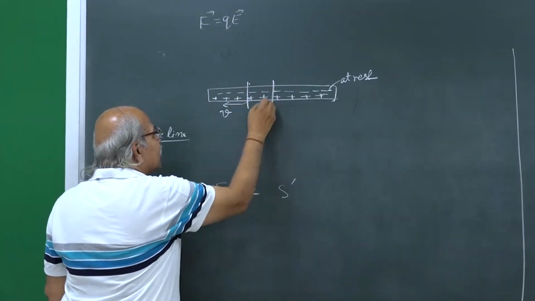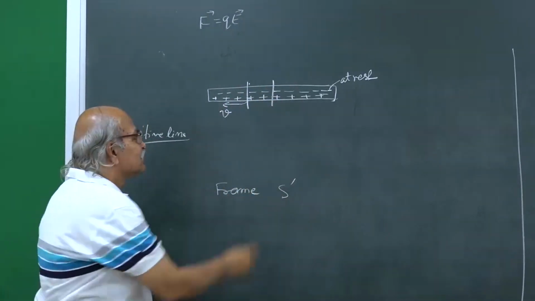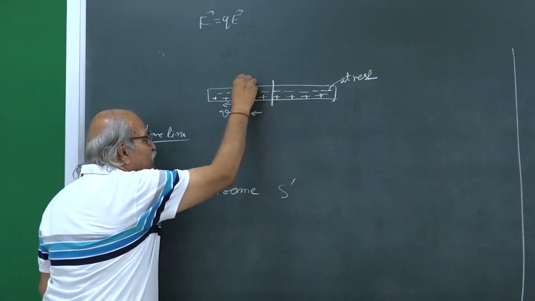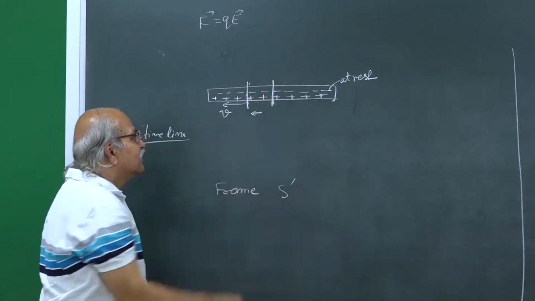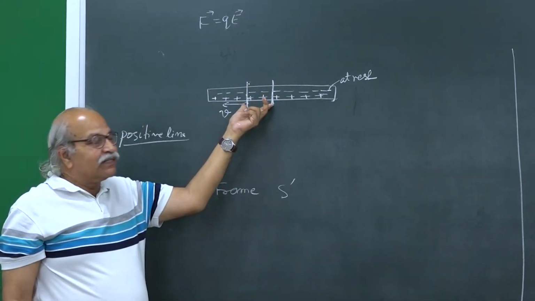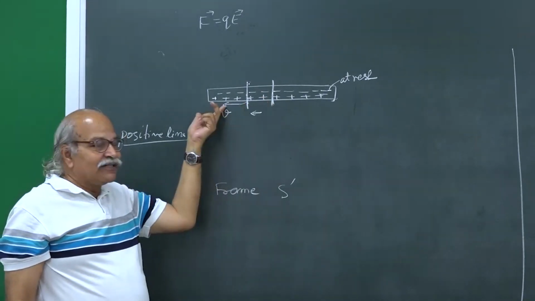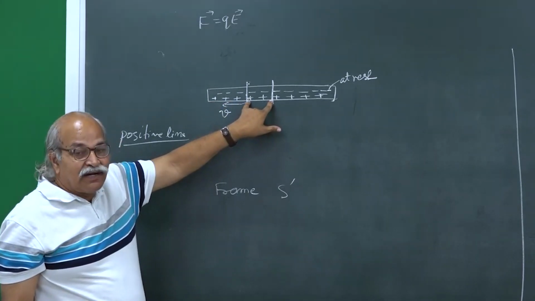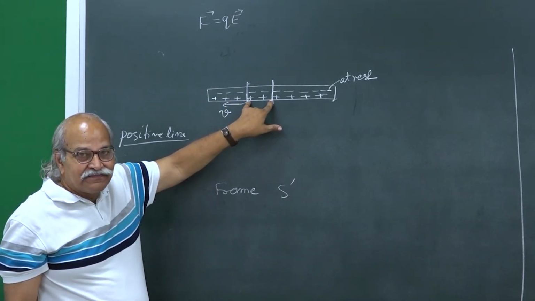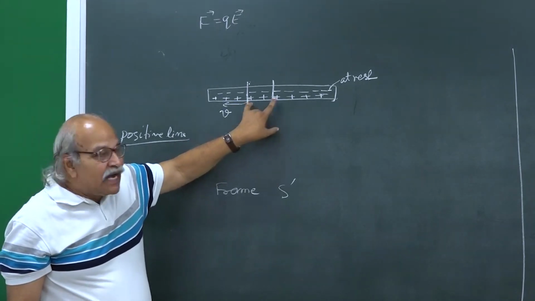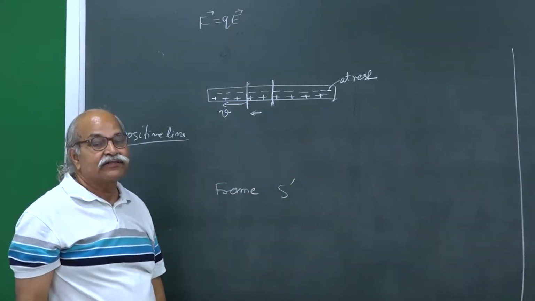So in S prime frame, the length between these two red marks, that is what I want to measure, is moving. So the length between these two red marks on the positive line is smaller in S prime and is larger in S.